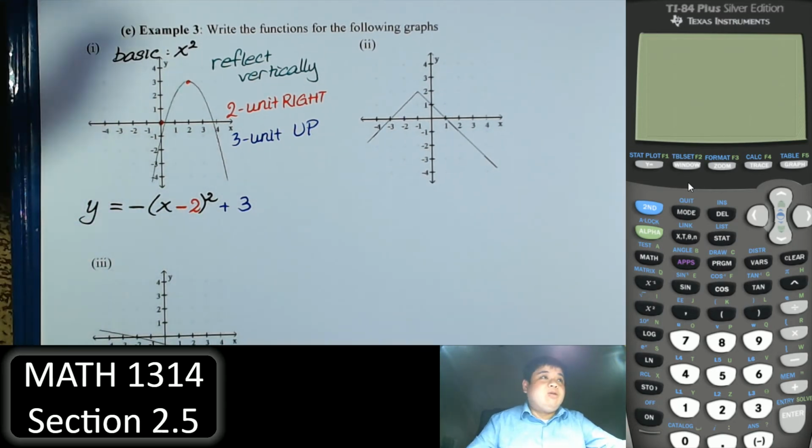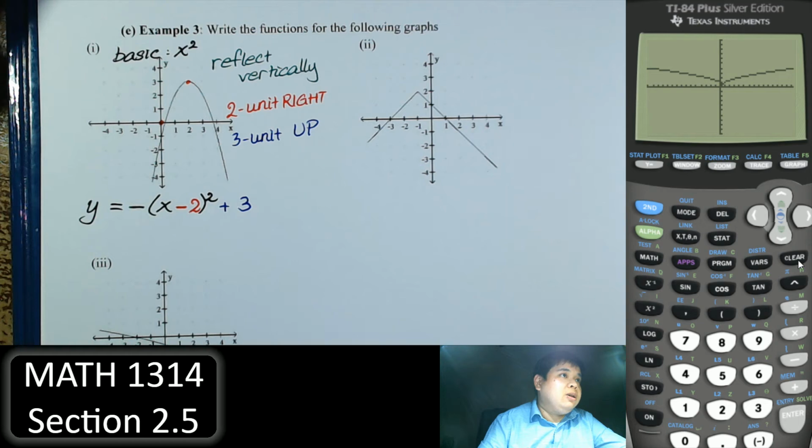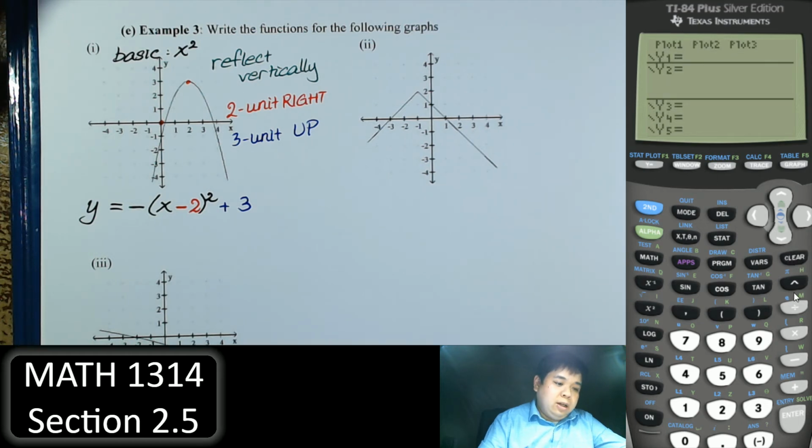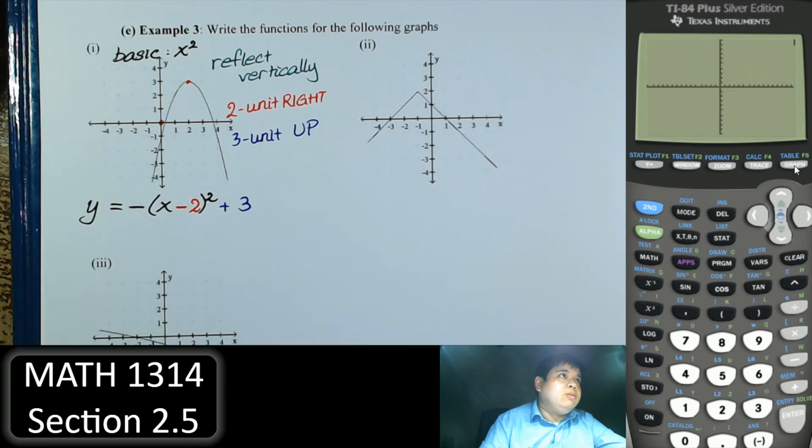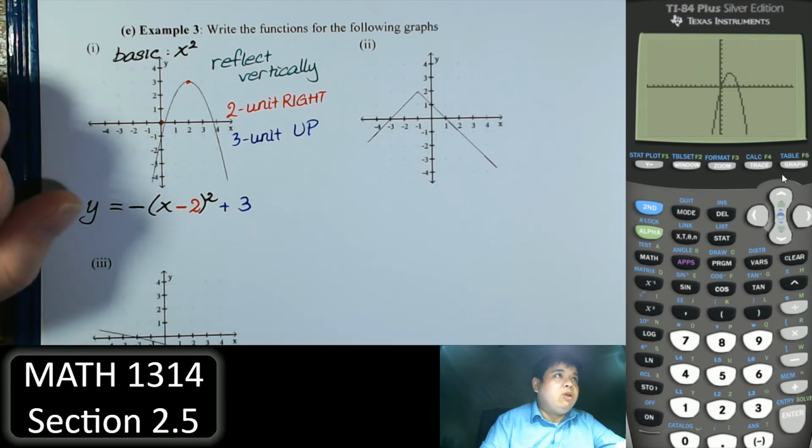Right, now let's graph that. This guy we just graph one function, negative x minus 2 squared plus 3. Yeah, that looks right.